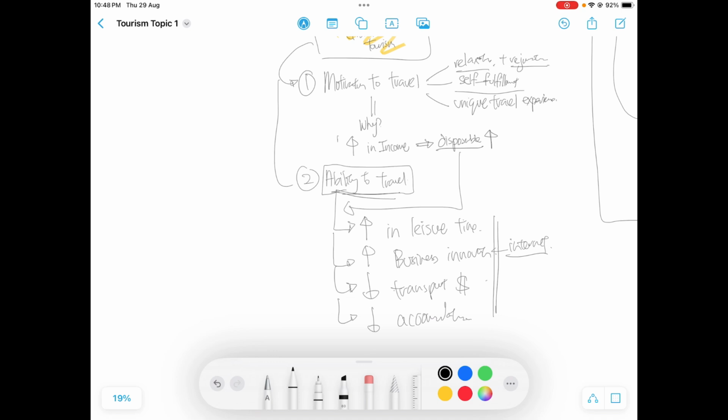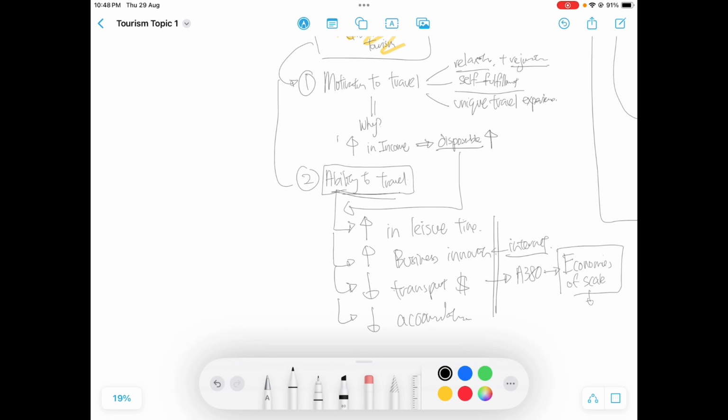Okay, and at the same time, transport cost has decreased. Why is that so? Because it has been made cheaper. Right now, we have the A380, which is able to achieve the economies of scale. What is economy of scale? What does economies of scale mean?